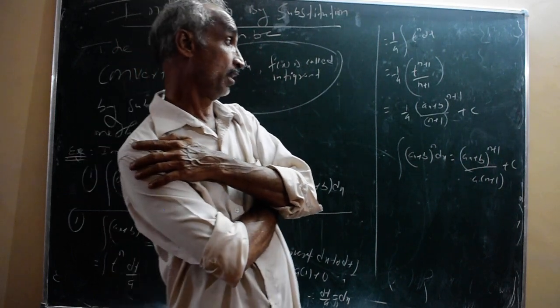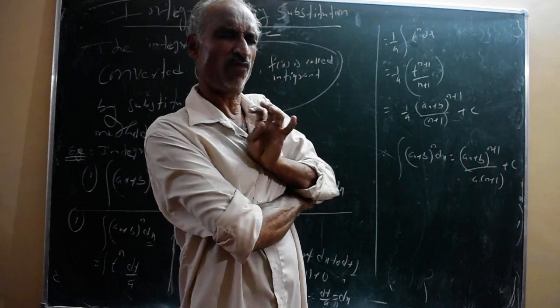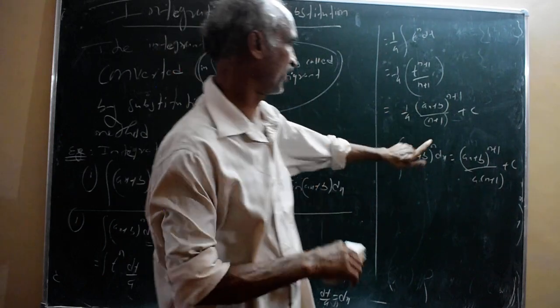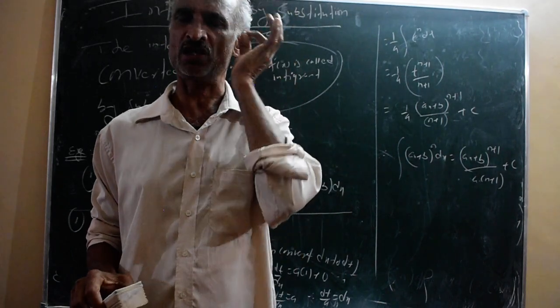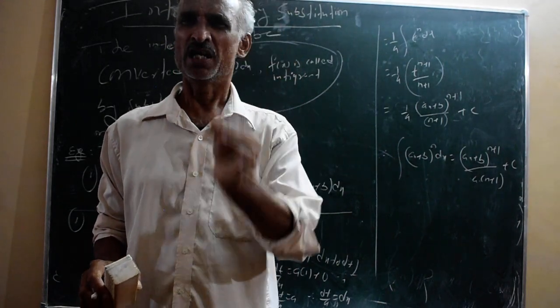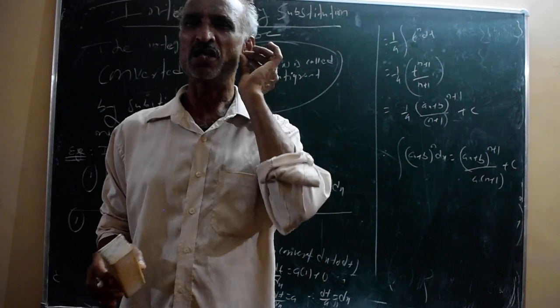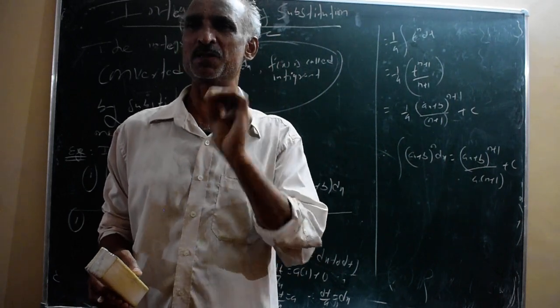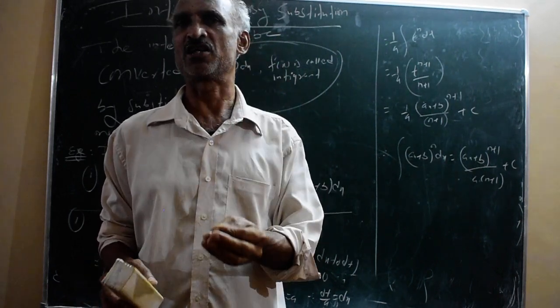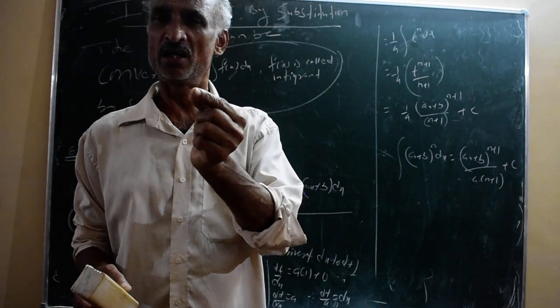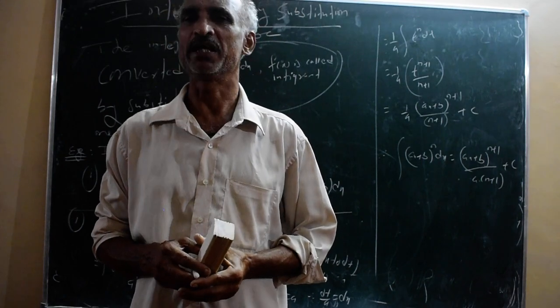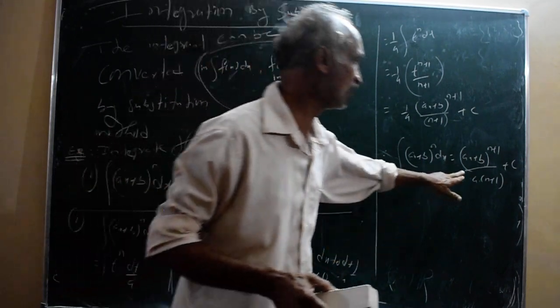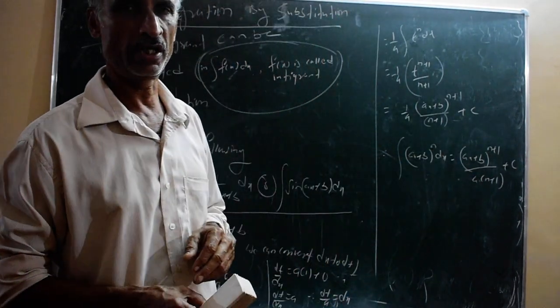But in the first 18 integration formulas, if in place of x, in place of sin x, in place of e raised to x, in place of x raised to n, in place of 1 by x, in place of cos x, in place of tan x, if ax plus b is there, then the same formula of integration is applicable. But division by a is additional, that is the one technique you have to remember.